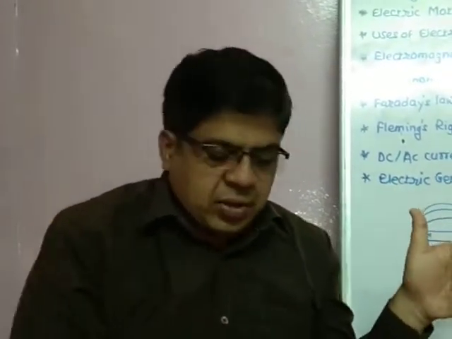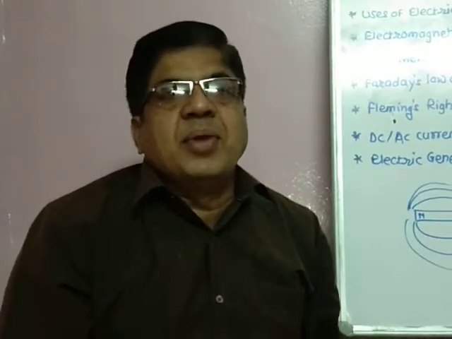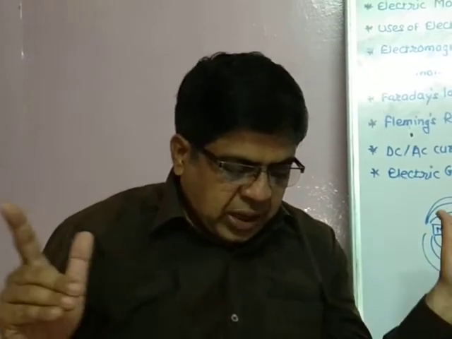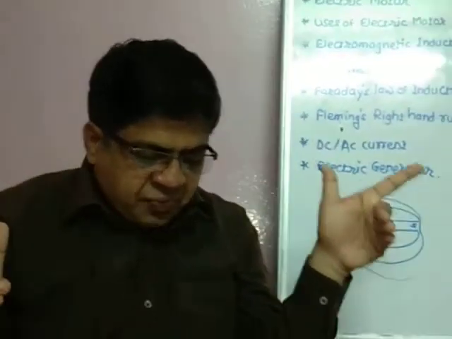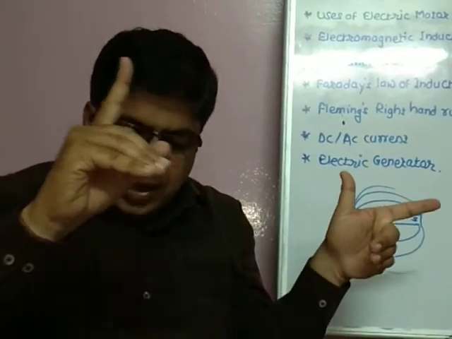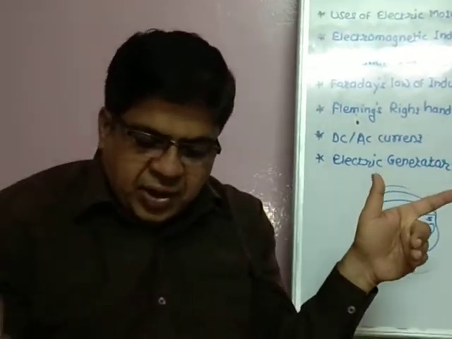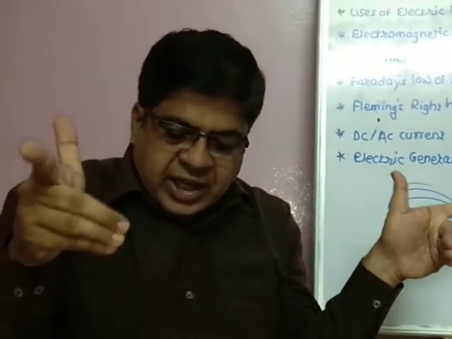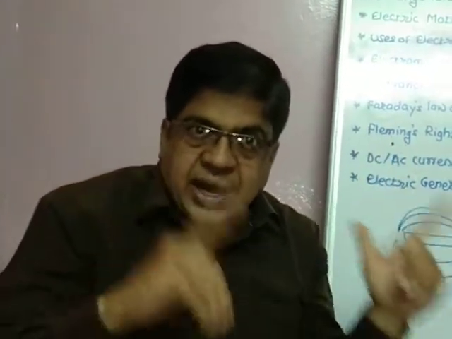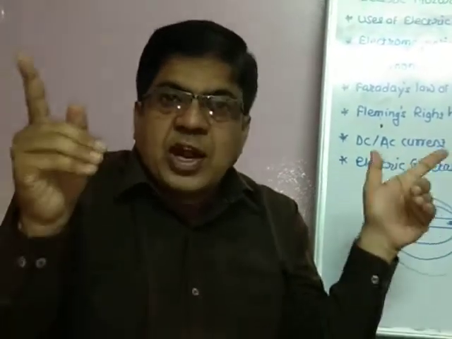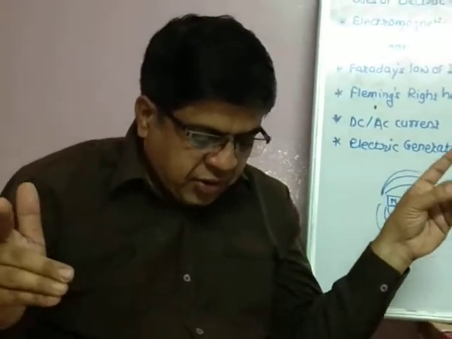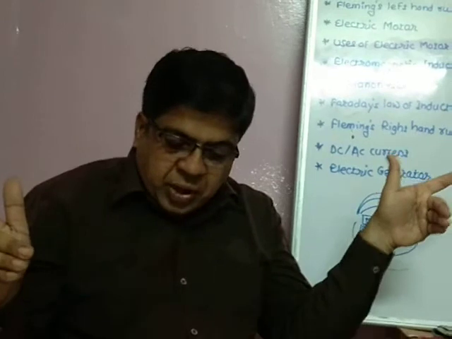Okay, what is Fleming's right hand rule and Fleming's left hand rule? Both are different things. In both rules, the index finger shows the direction of the magnetic field. The middle finger in the left hand rule points in the direction of the current.